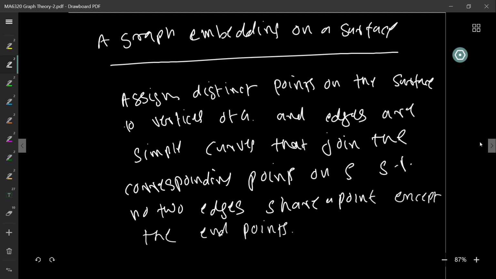Two edges can cross or touch only at an endpoint.